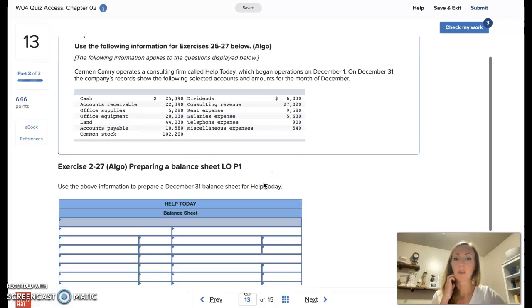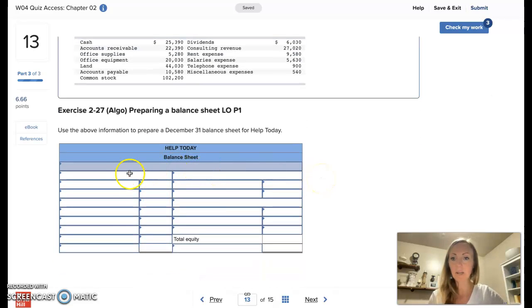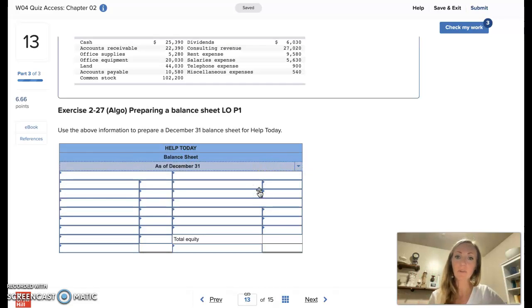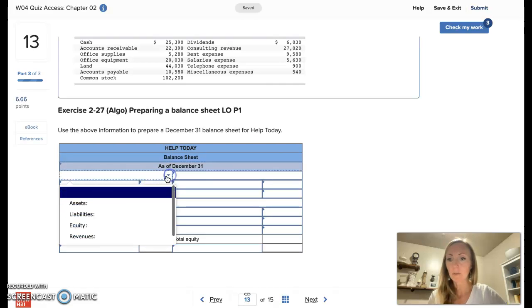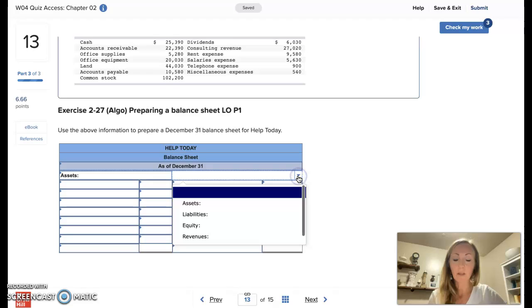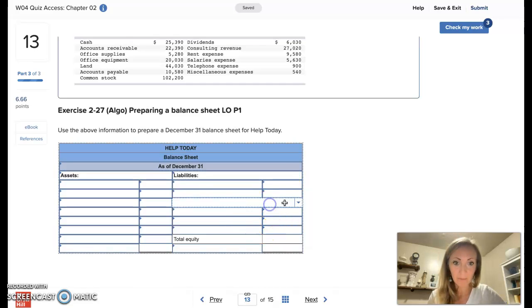For our last one, the balance sheet, we want to fill in the information here. This is a point in time, so it's just December 31st. We're going to create this with the accounting equation, and I'm probably saying things wrong, I'm so sorry.